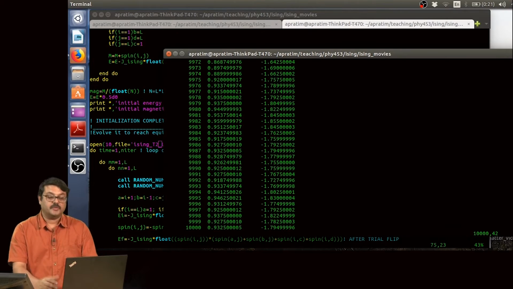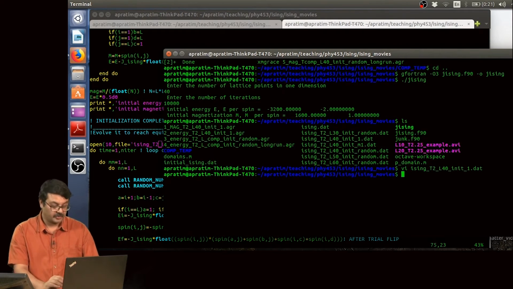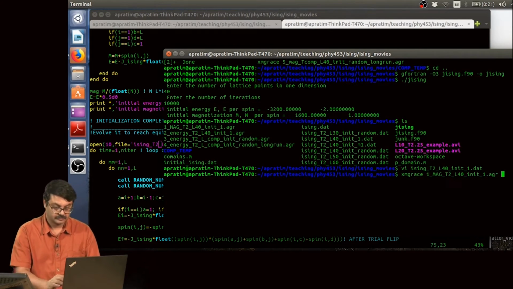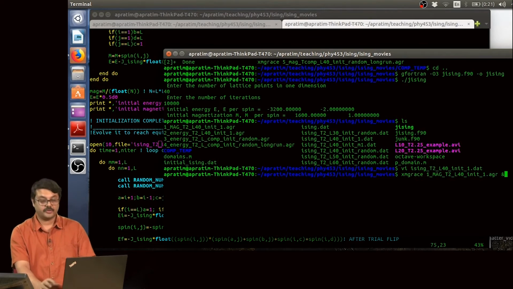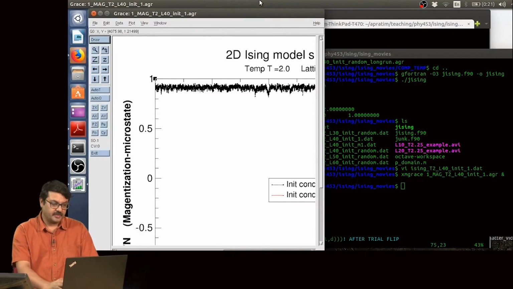Now, we are not going to look at 10,000 of these data points, we are going to plot it. I have already plotted it, and I am going to use the XMGrace software to plot the magnetization per spin. You can use MATLAB, Gnuplot, or whatever software of your choice to plot the data.